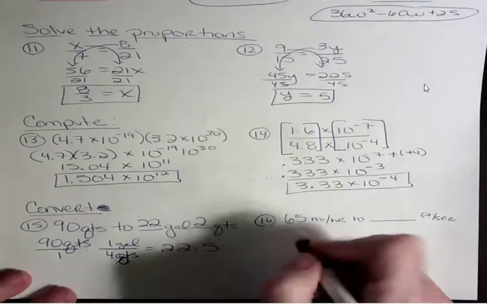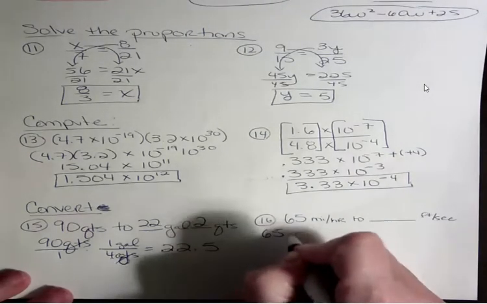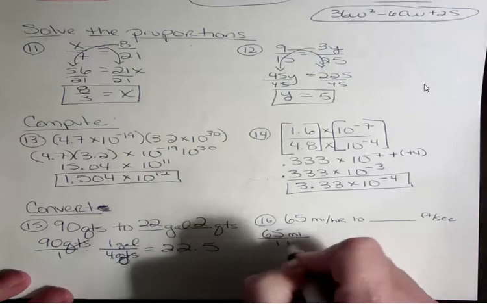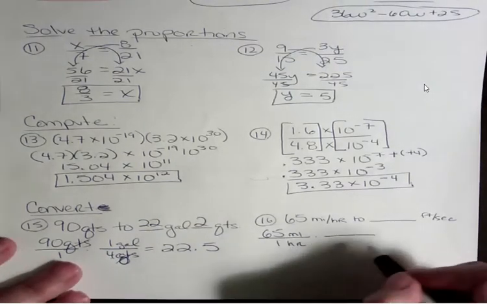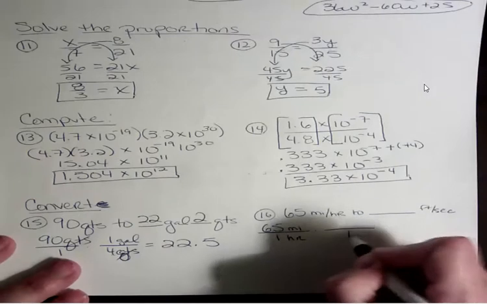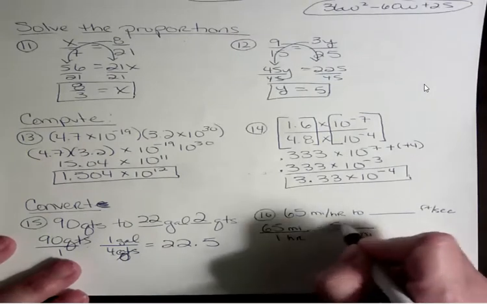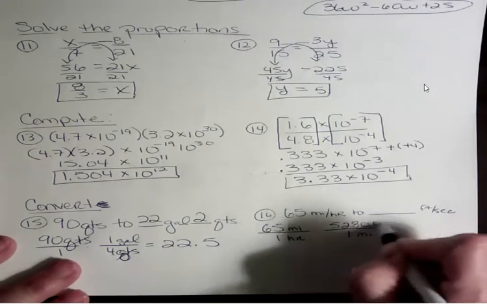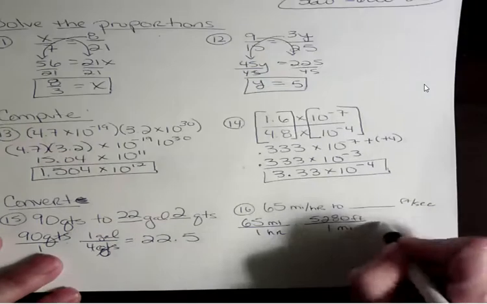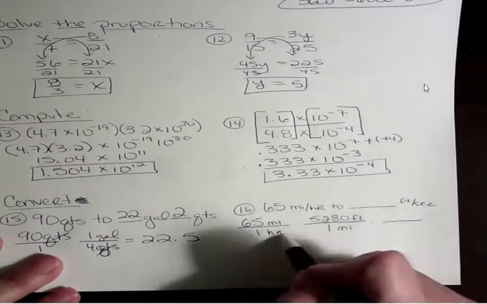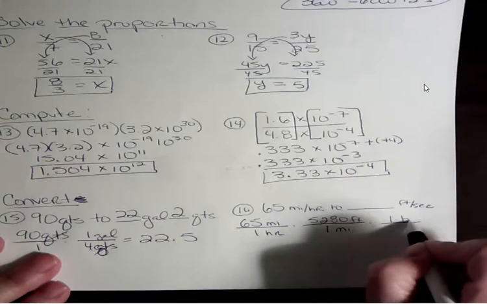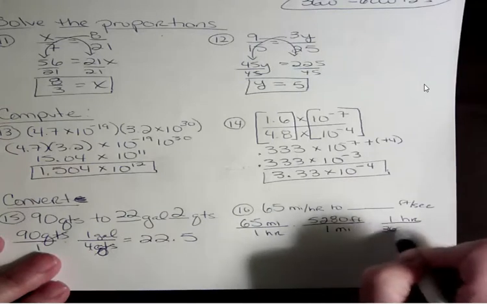We want to change miles into feet. So I know that every mile has 5,280 feet. And then I also want to change the hours into seconds. And I know that 1 hour has 3,600 seconds.